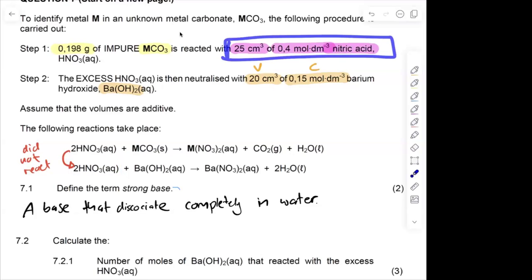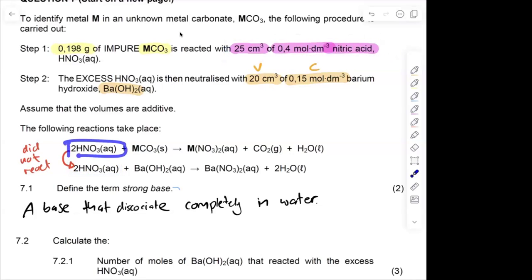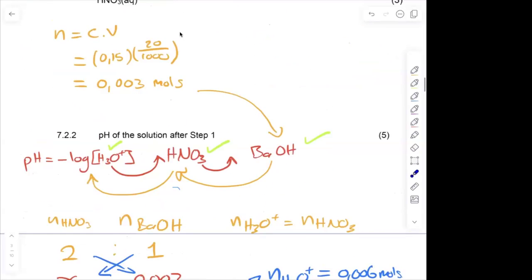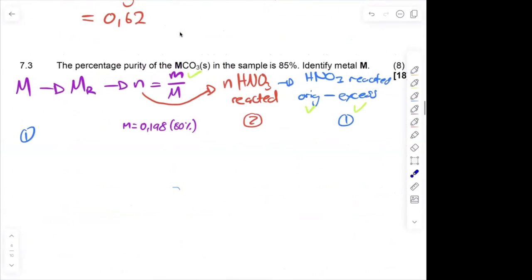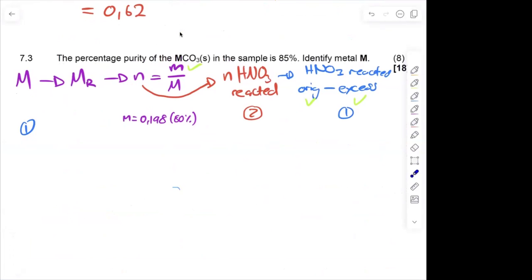I also worked out my excess amount. The original amount minus whatever was in excess means that's how much I reacted. So I can find how much I reacted by taking the original minus the excess. So then I can find the number of moles of HNO3 that reacted by taking the original minus the excess.